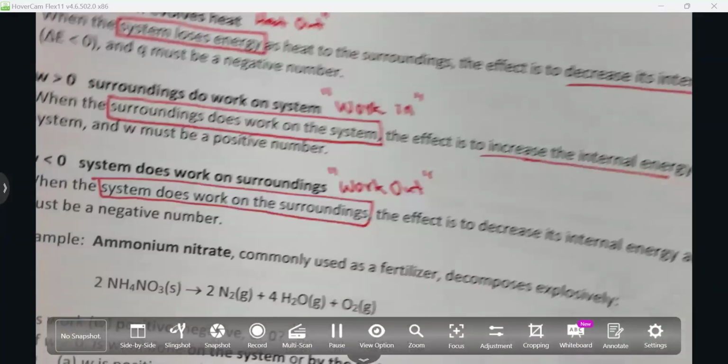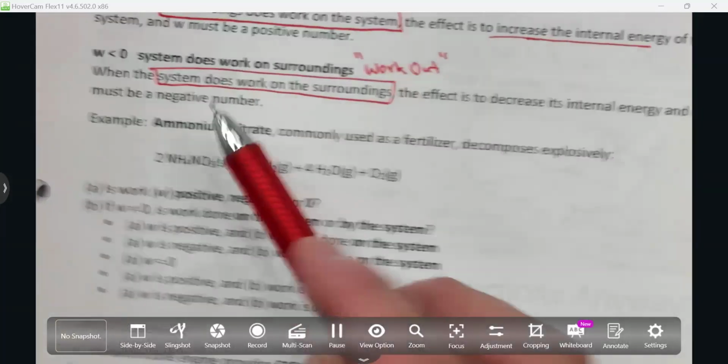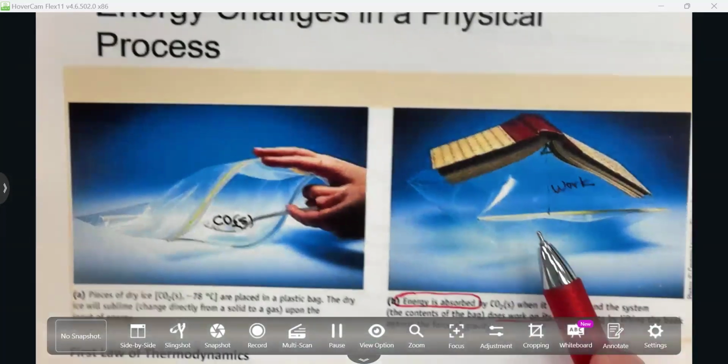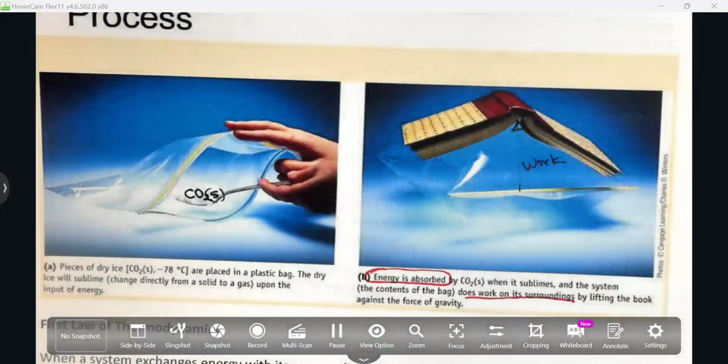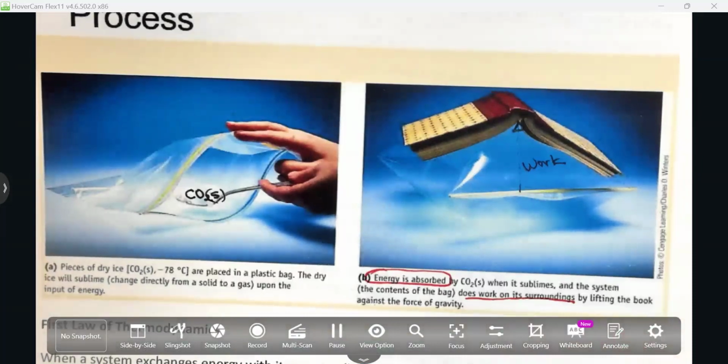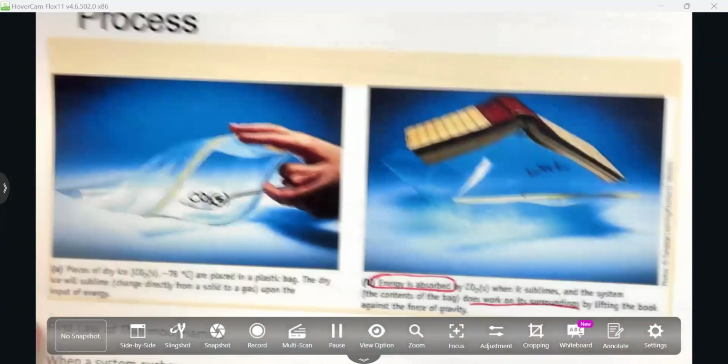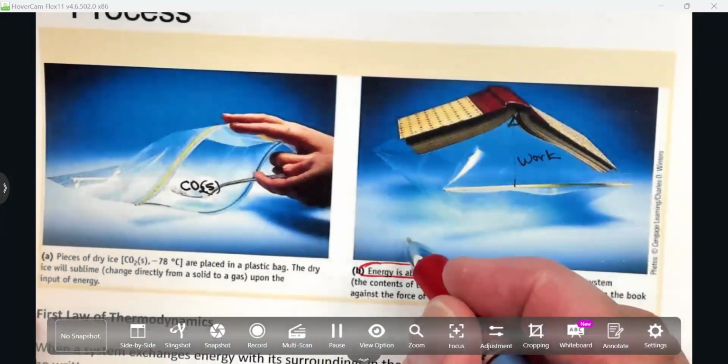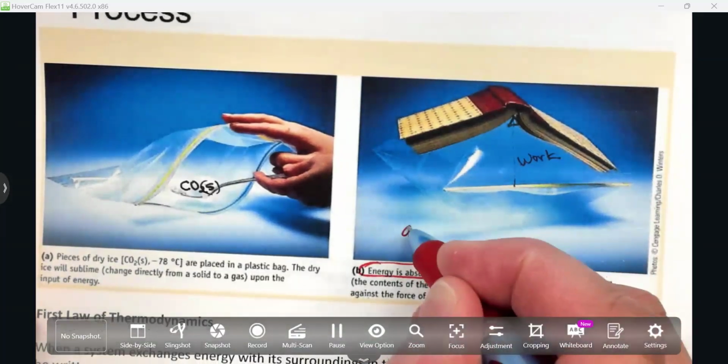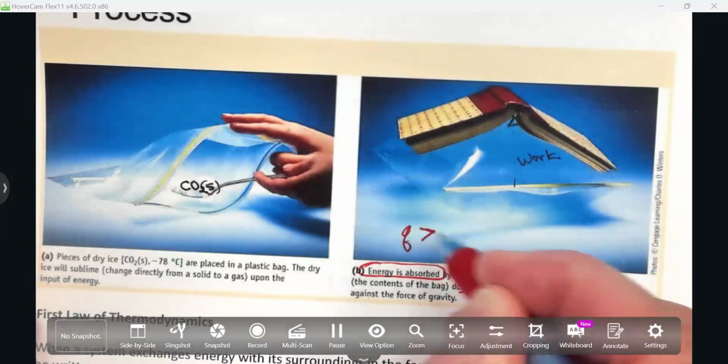If we go back to our example, then the system here is what's inside my bag, correct? The system is what is inside my bag. Energy is absorbed. Q is greater than 0.